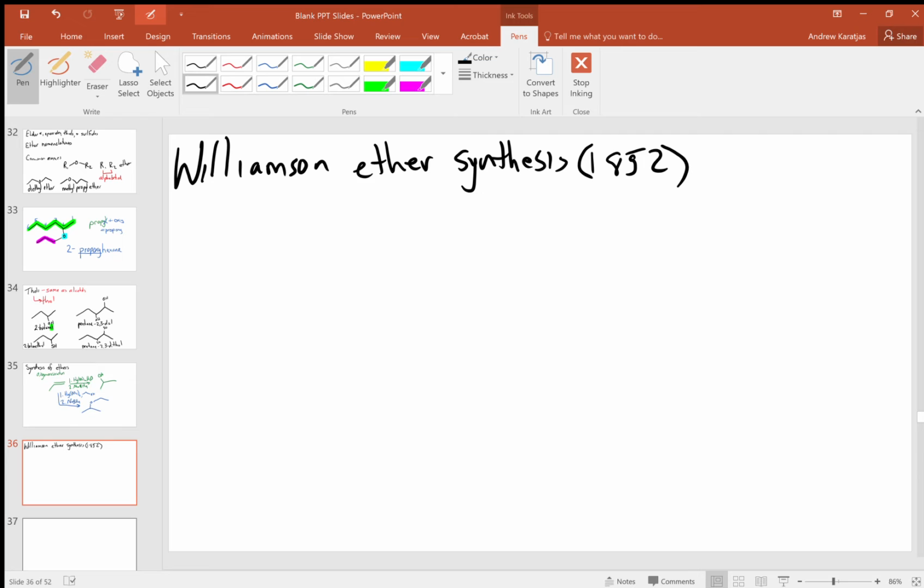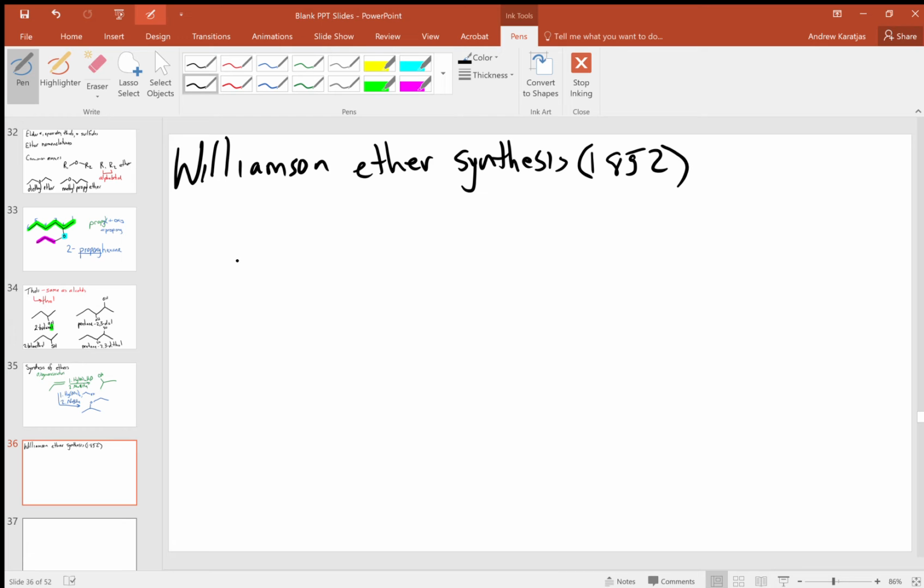Now, this is a good example of a reaction that we're presenting as a new reaction with its own name. Yet, this reaction contains nothing new. What do I mean by that?